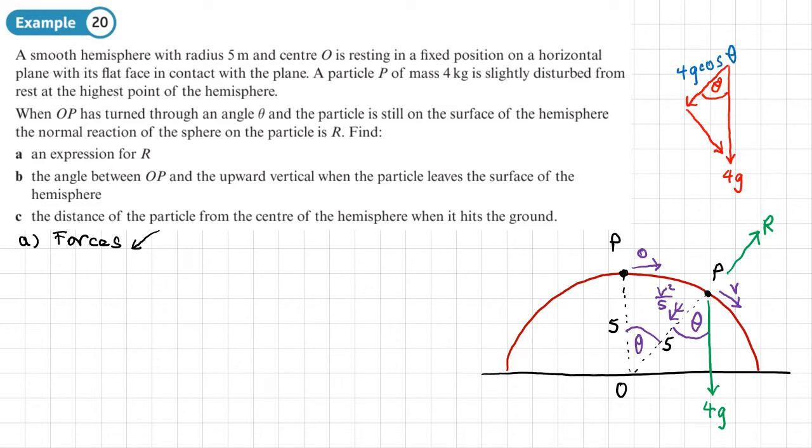Right, so resolving towards the center, I have 4G cos theta minus R, which is acting away from the center, equals MA. Mass is 4, and the acceleration is V squared over R, which is 5. I'm going to rearrange that to make R the subject. So I'll have R is equal to 4G cos theta minus 4/5 V squared.